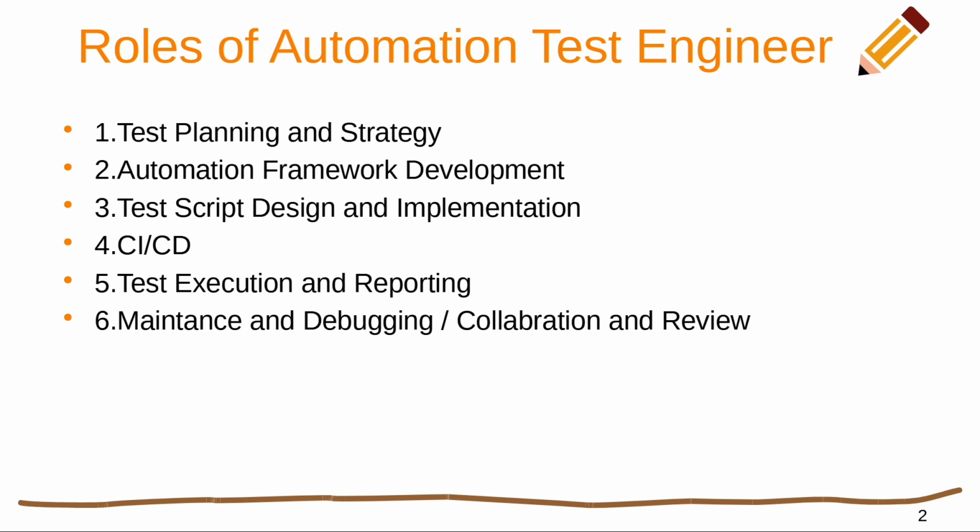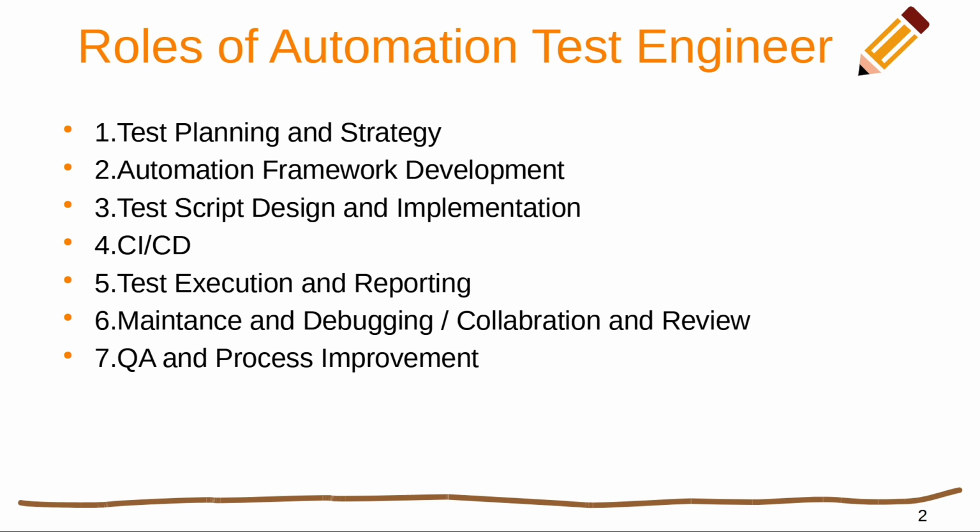So these are the collaboration and review stage. The next stage is quality assurance and process improvement. Ensure test automation aligns with overall QA goals. Then suggest improvements in automation coverage and tools as well. Then track defect density, test coverage, and automation ROI as well. So the QA process is important here.